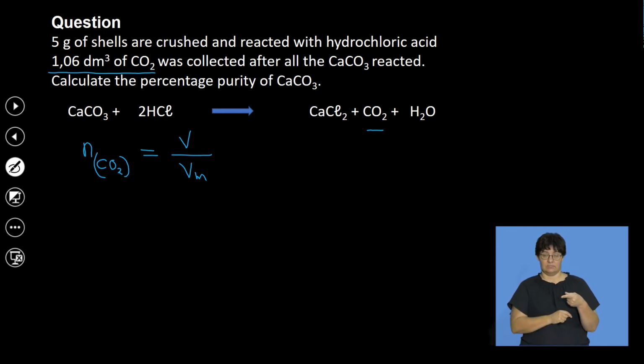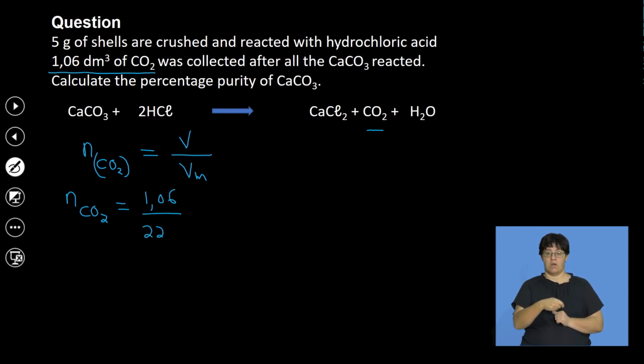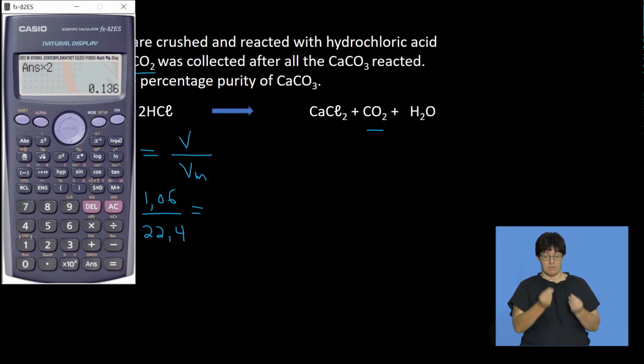So we can determine the actual moles of that. The number of moles of carbon dioxide is equal to 1.06 divided by 22.4, which is the actual molar gas volume. So we can quickly determine that.